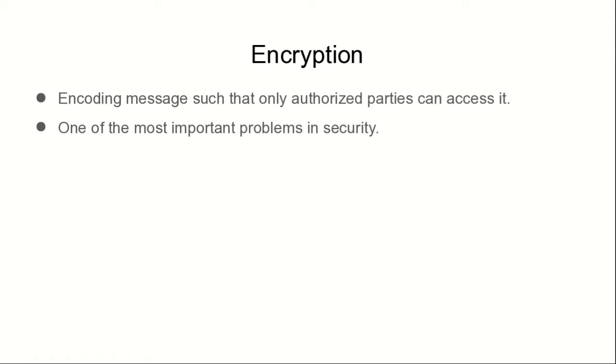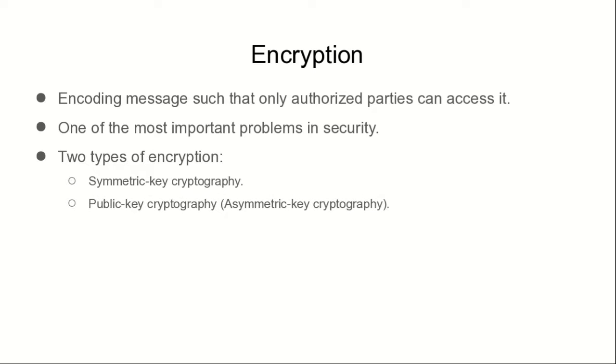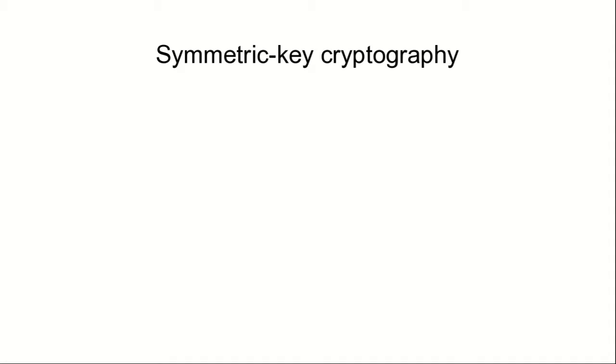We have two types of encryption, each with its own advantages and disadvantages: symmetric key cryptography, and public key cryptography, also called asymmetric key cryptography. First, let's talk about symmetric key cryptography. By definition, it is an algorithm using the same key for encryption and decryption.